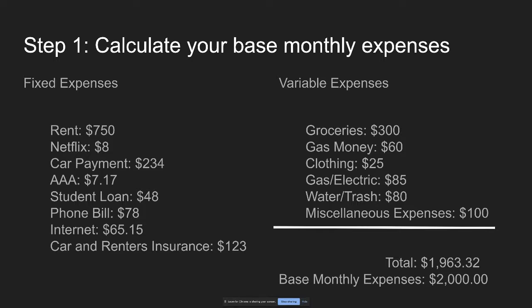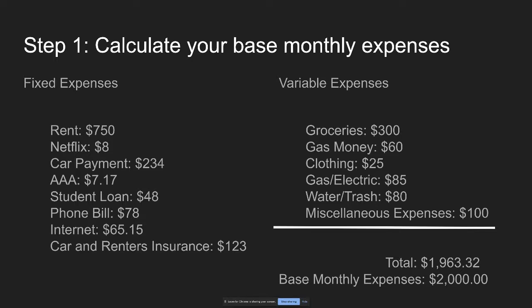Just look back at the last 3 months of your bank statements and see how much you spent in that miscellaneous expenses category, and then write an average of that number down. Also, when you're finished with all of that, you're going to total those numbers.